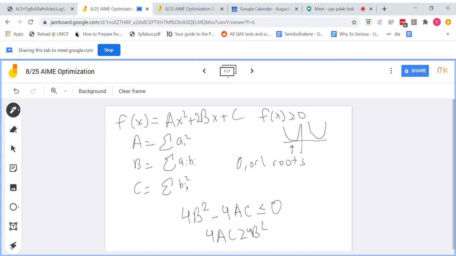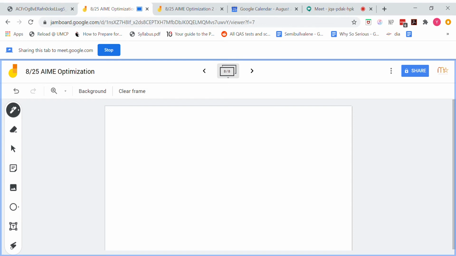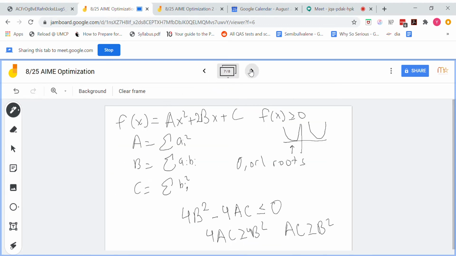Now if we substitute in the values for a, b, and c, we end up with the sum of ai squared times the sum of bi squared must be at most the sum of ai times bi, whole squared. And so that's how we prove the Cauchy-Schwarz inequality in general.